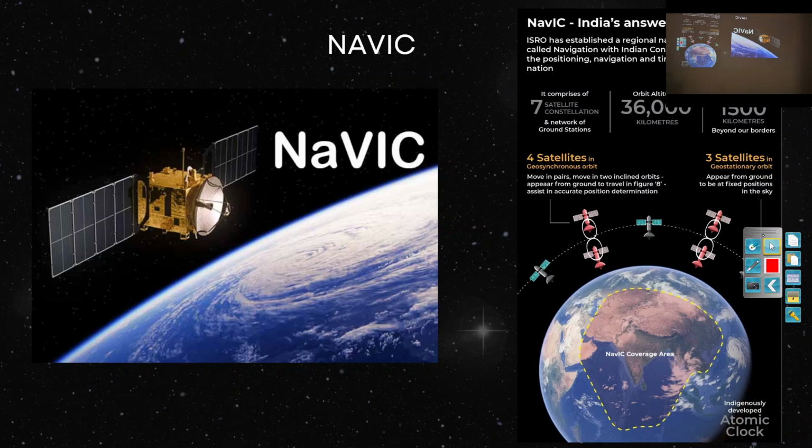It consists of 7 satellites, 3 in geostationary and 4 in geosynchronous orbit.